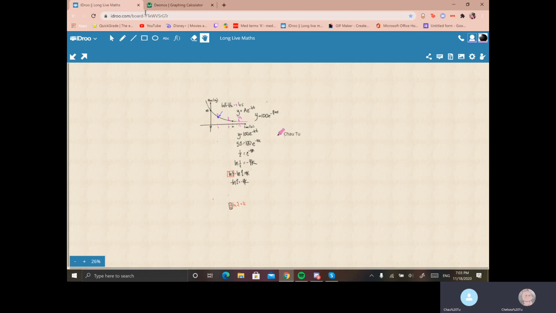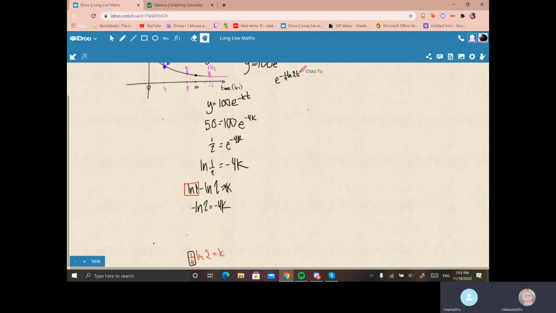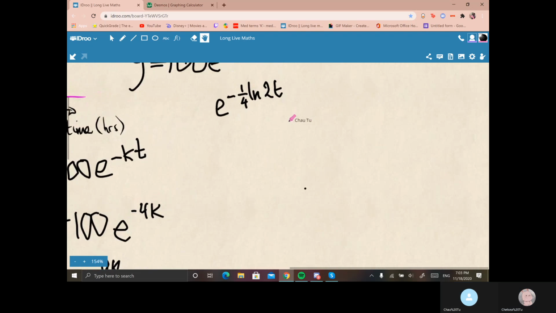Chelsea, you've got this thing here, e to the power minus 1/4 natural log of 2t, right? But Desmos doesn't understand t. You've got to zoom in, Chelsea. How are you going to see what I'm explaining? If you leave it like this, Desmos will think you're multiplying 2t.